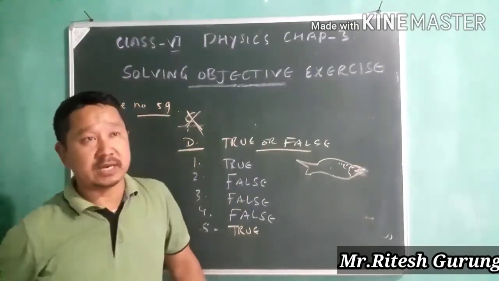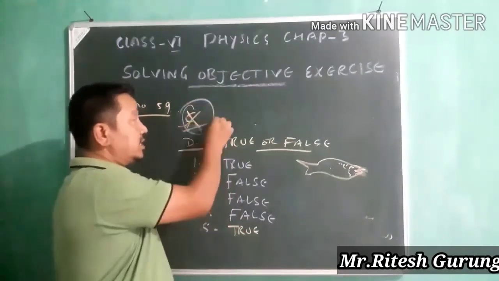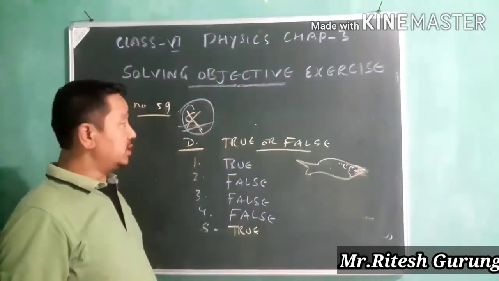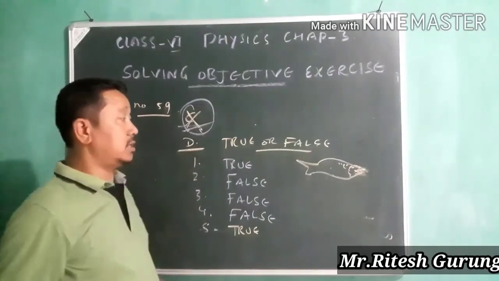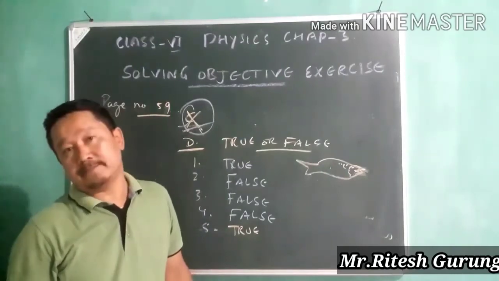Now for the completion of this chapter, out of which we could not do this one, we'll discuss that in the class itself. And the others I have done here. You just cross check your answers.